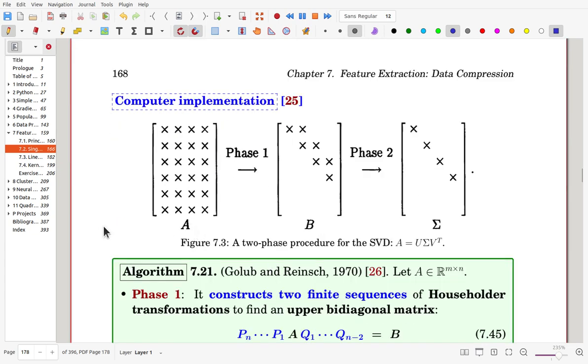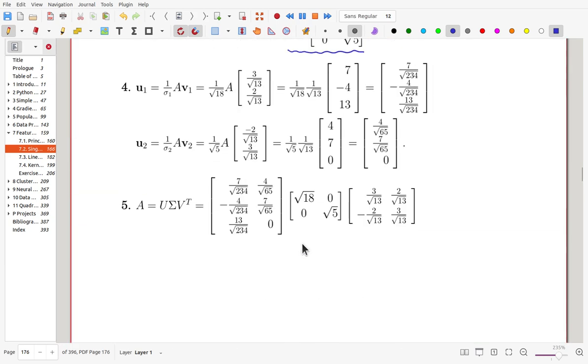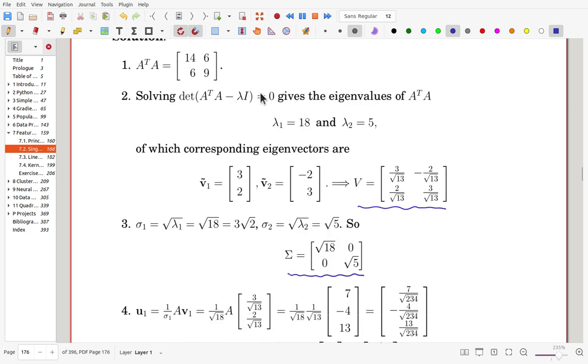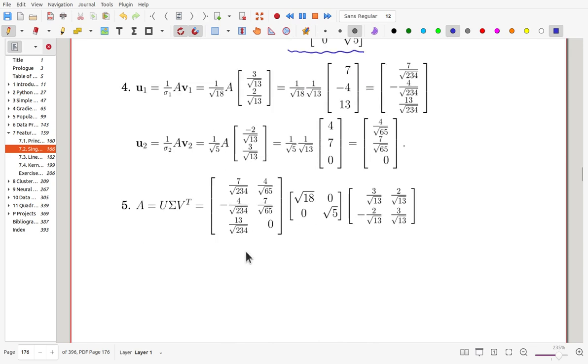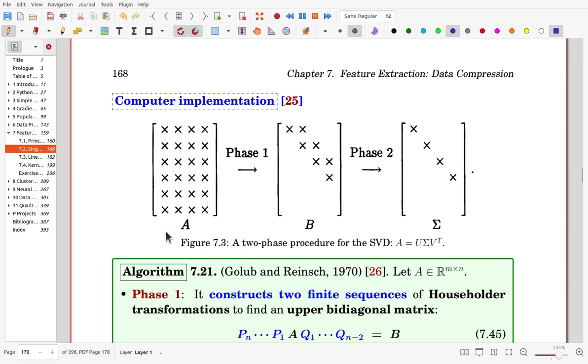In practice, the singular value decomposition is computed in a different way. The way of getting the singular value decomposition we considered is a classroom technique. If you do it by hand, you can do it in this way. But on a computer, it is implemented differently, based on Golub-Kahan bidiagonalization.